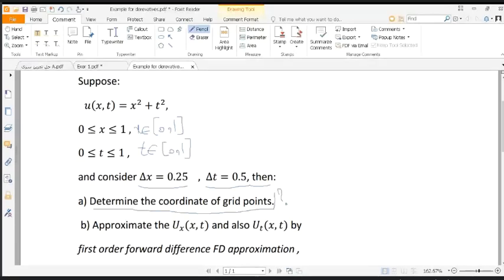Please say to me, x0 equals what? Equals 0, because we start from 0 for x, okay? And then x1 equals what?